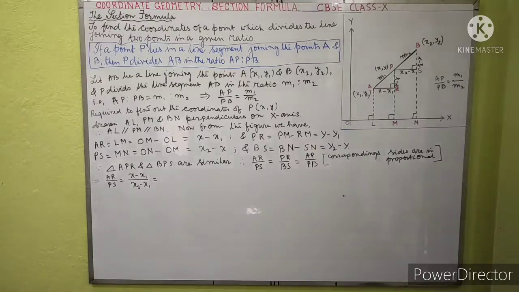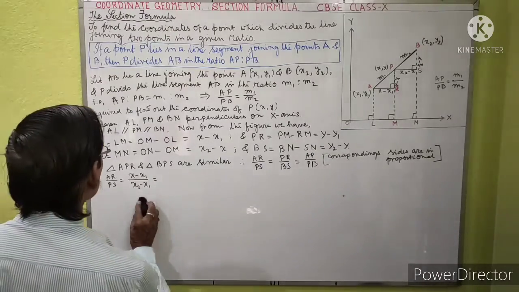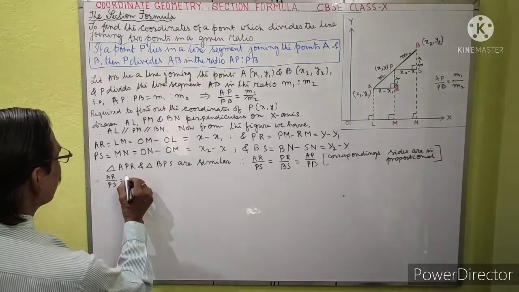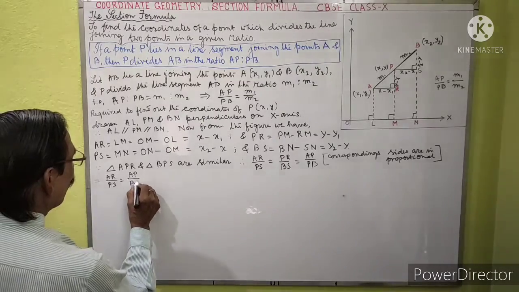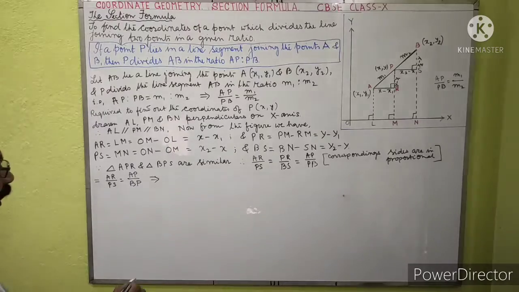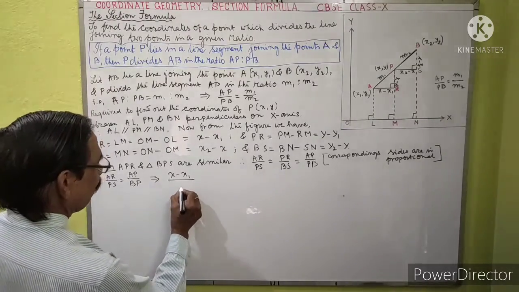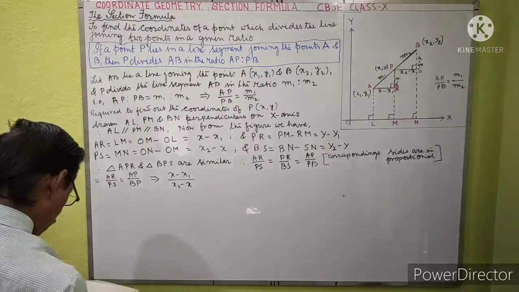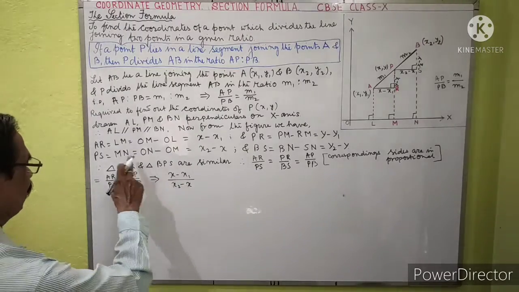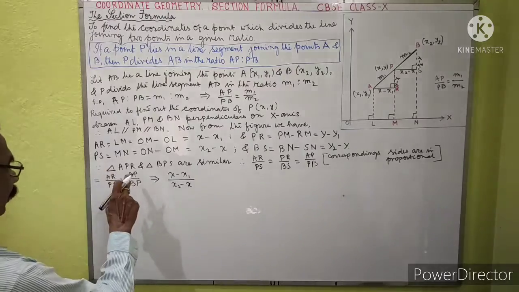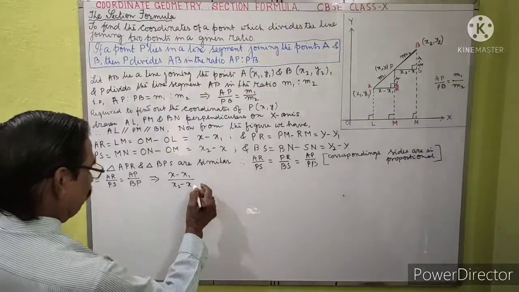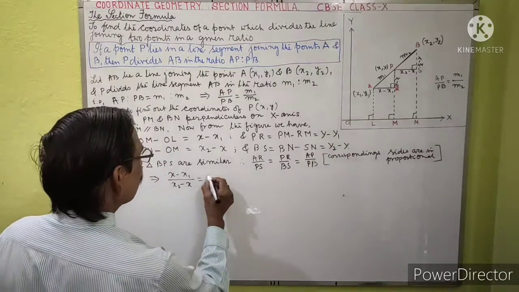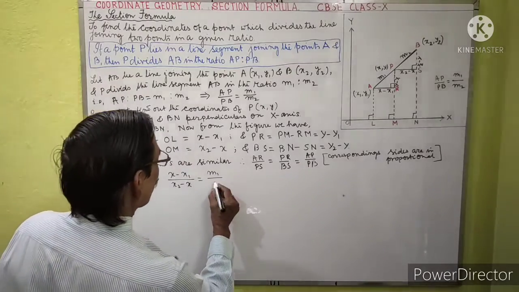AR by PS equals AP by BP, that is x minus x1 by x2 minus x, where AP equals M1 and BP equals M2.